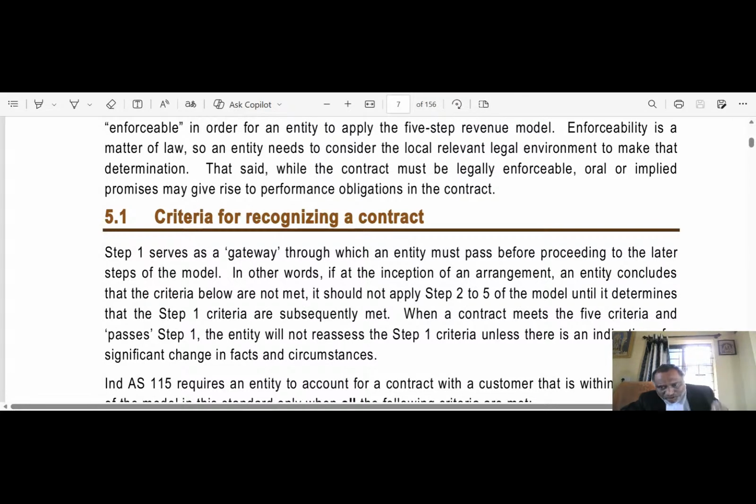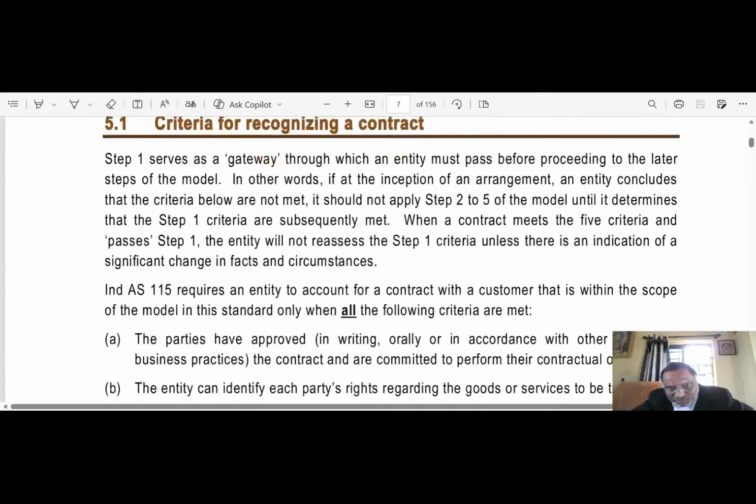When a contract meets the five criteria and passes step 1, the entity will not reassess the step 1 criteria unless there is an indication of a significant change in facts and circumstances.